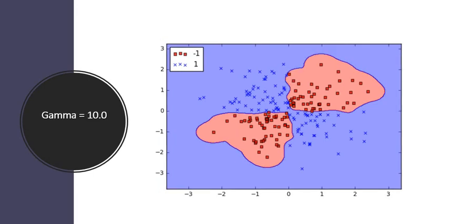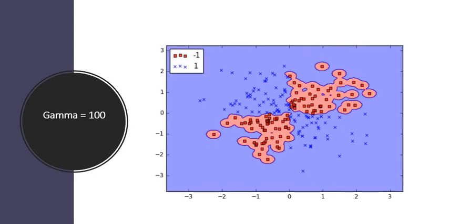We've also increased it to 10, and then we've increased it to 100. So you can see this is a maximum value of the gamma. You can see that the decision boundaries are relatively made for grabbing each and every single red point belonging to the red class. This is on a two-dimensional space.